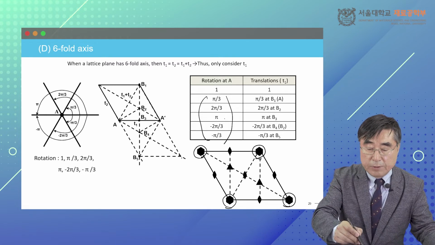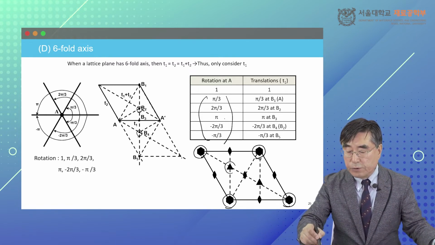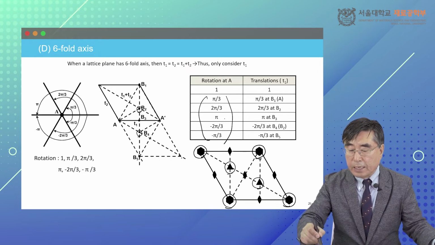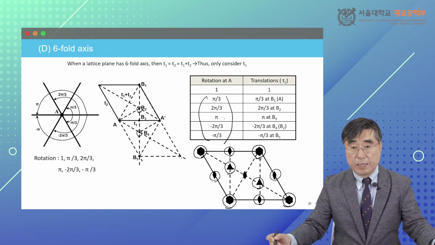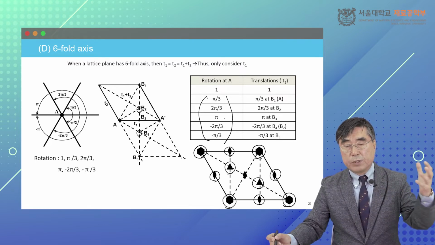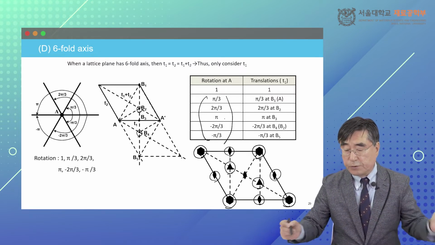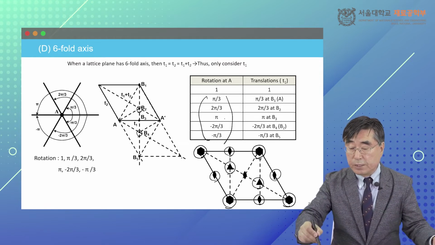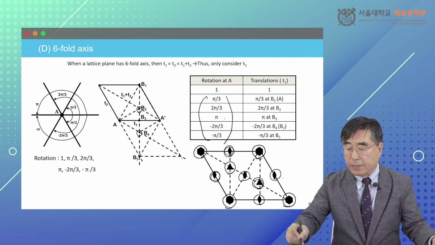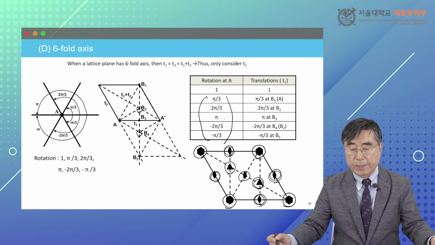Then you find out that this position again develops threefold symmetry elements, and now the bisector lines of each translation vector have twofold symmetry elements. Okay, these are different between threefold symmetry and sixfold symmetry. In the threefold symmetry, there's no twofold symmetry developed at these bisector lines.